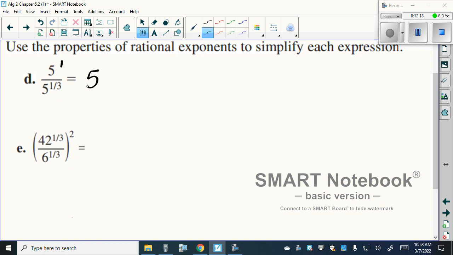This is our quotient of a power property. So the exponent in the numerator, since it wasn't given to us, is understood to be 1, minus 1/3. We do 1 minus 1/3, and that is 2/3.